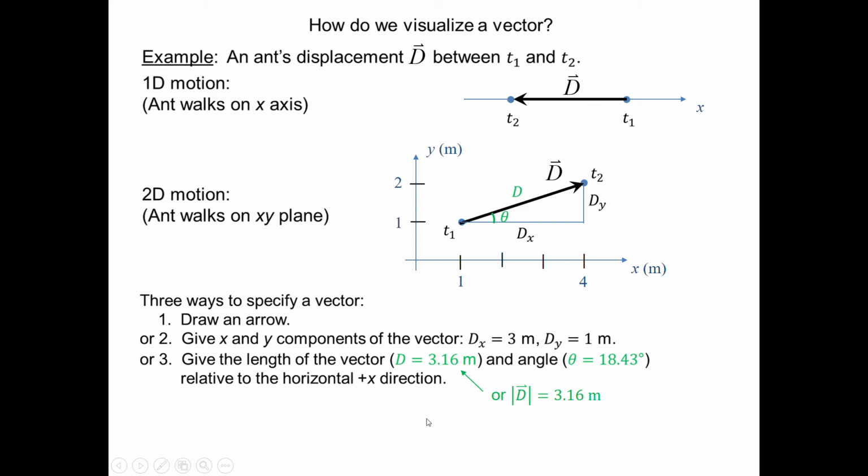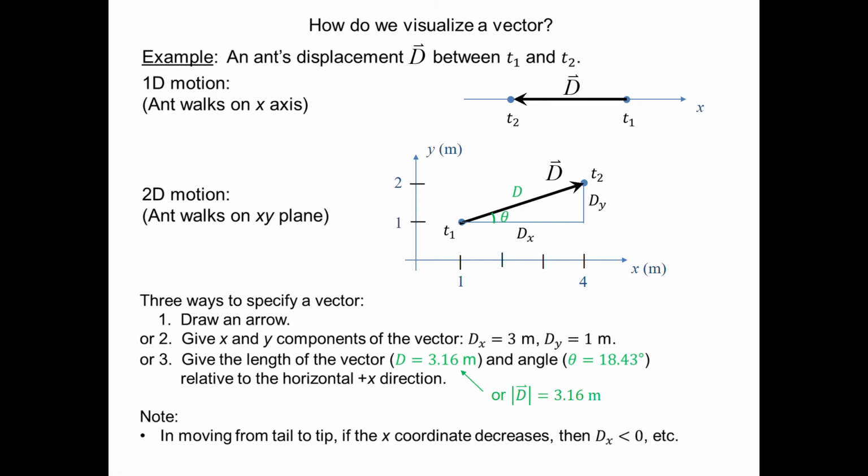Now, just a couple of facts about these. First of all, in this particular case, dx and dy are both positive. They were positive 3 and positive 1 because what defines the sign of them is you always say, starting at the tail of the vector and going to the tip, first along x and then along only y, how far do I go along x?